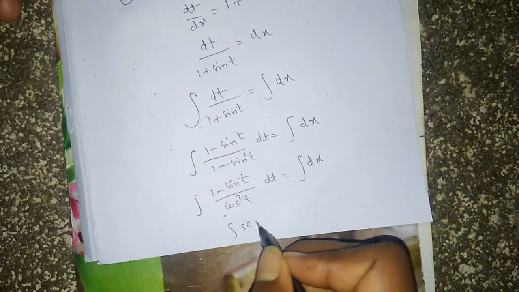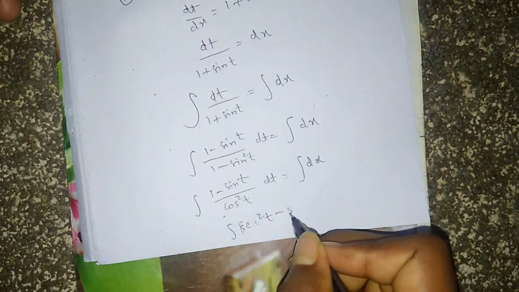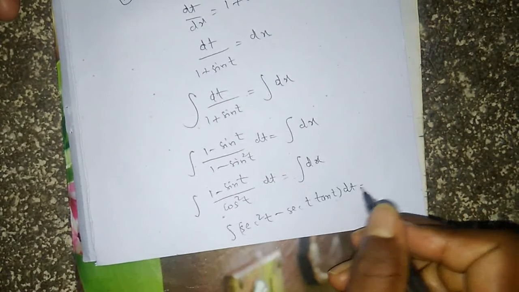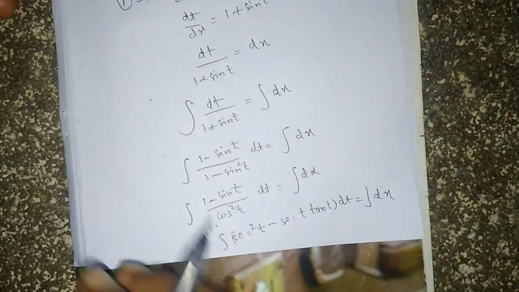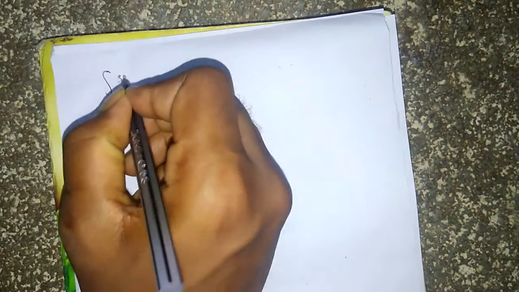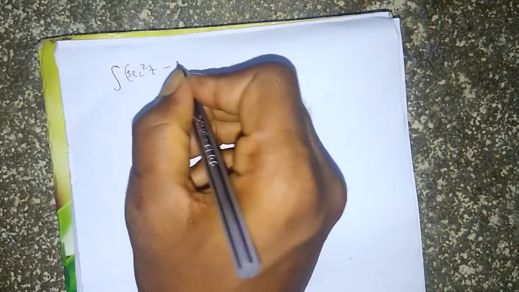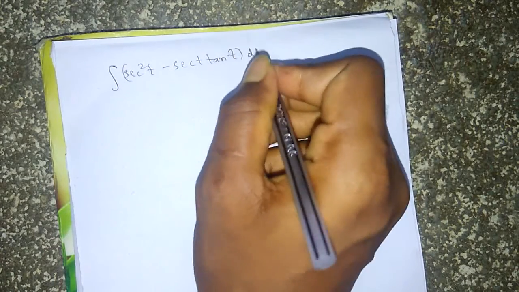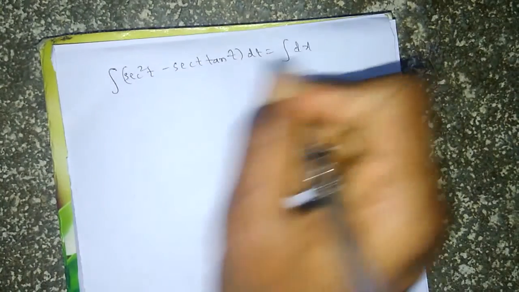This is integral of sec square t minus sec t tan t dt is equal to integral dx.